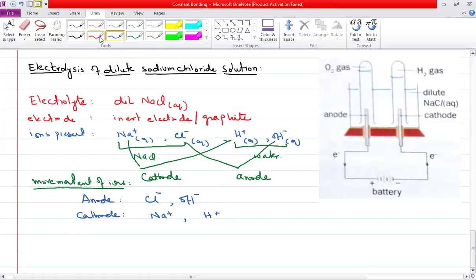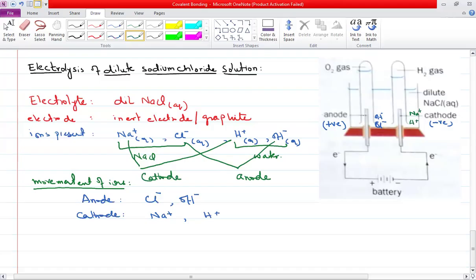As soon as these ions move towards their respective electrodes, as we know, this is the positive electrode, the anode with positive charge, and we have the cathode with negative charge. Toward the anode, we have chloride ion and hydroxide ion, and toward the cathode, sodium ion and hydrogen ion will travel.